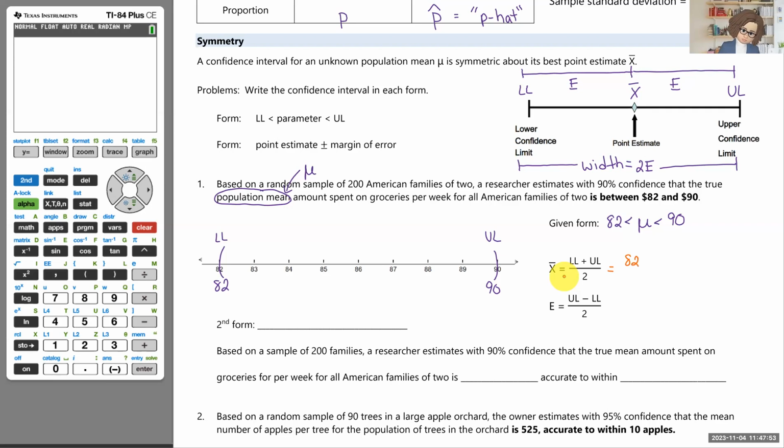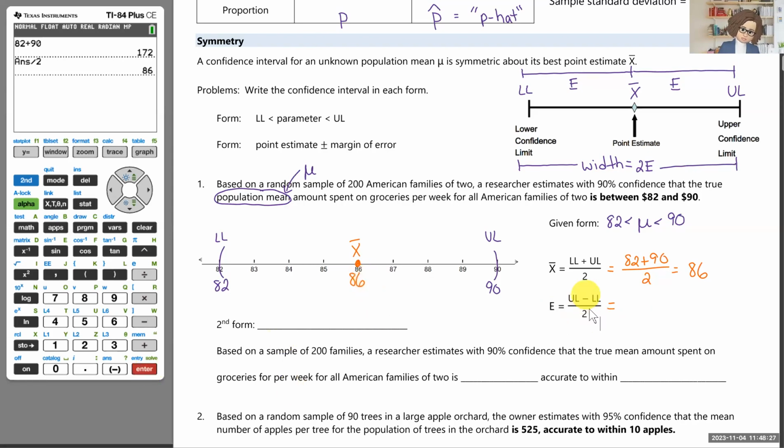So if I take 82 and add 90 and divide that by 2, 82 plus 90 is 172, divided by 2, so $86. That's our point estimate. Point estimates are single values. And then to turn that into a confidence interval estimate, we include the margin of error.